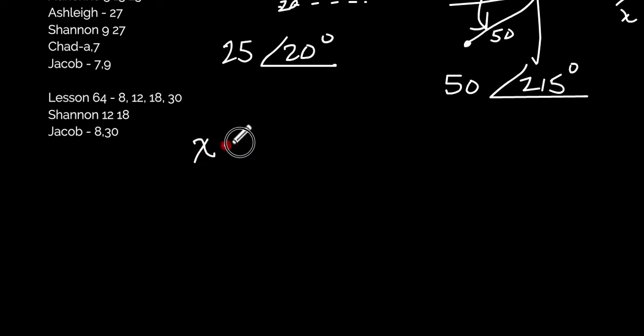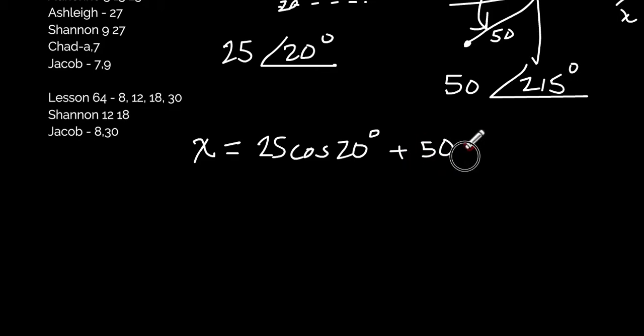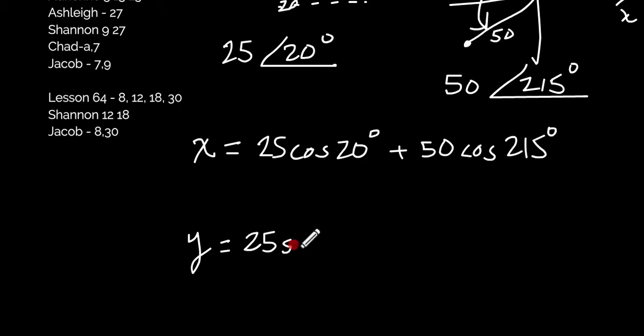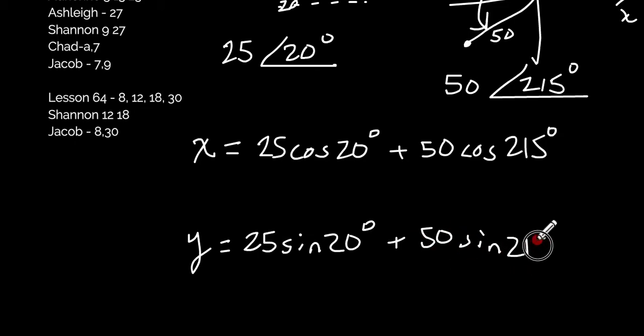X goes with cosine, so it's going to be 25 times the cosine of 20 degrees, plus 50 cosine of 215 degrees. Then y is 25 sine of 20 degrees plus 50 sine of 215 degrees.